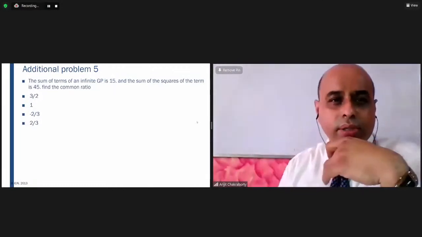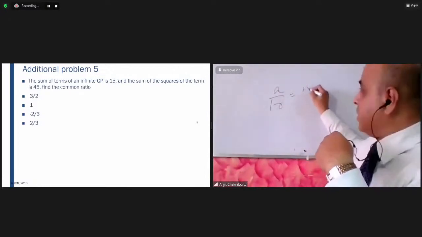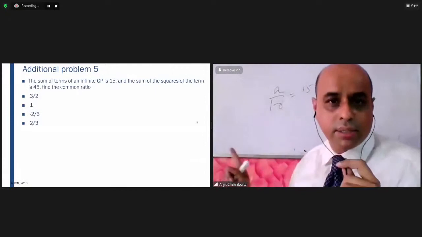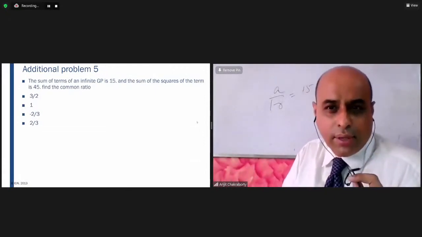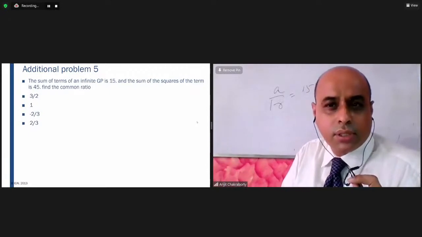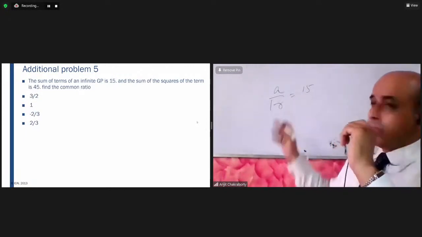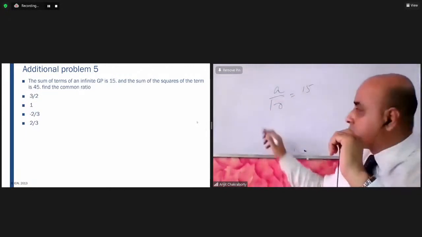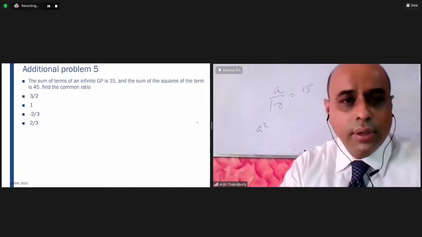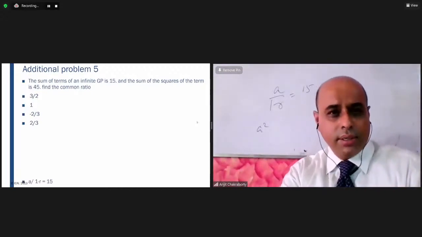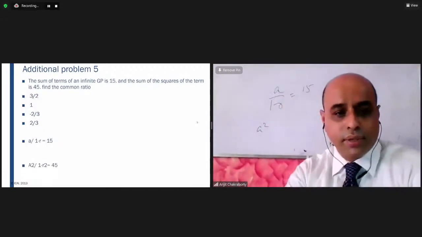The sum of terms of an infinite GP is 15, so A divided by 1 minus R is 15, where A is the first term, R is the common ratio. And the sum of the squares of the terms is 45. That means in this case, the first term will become A square, and therefore the common ratio also becomes square. So the first equation is A divided by 1 minus R is 15.